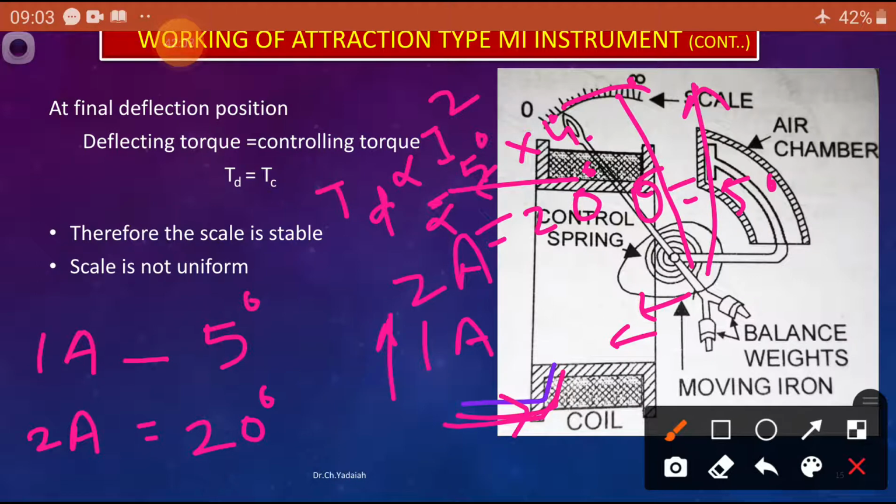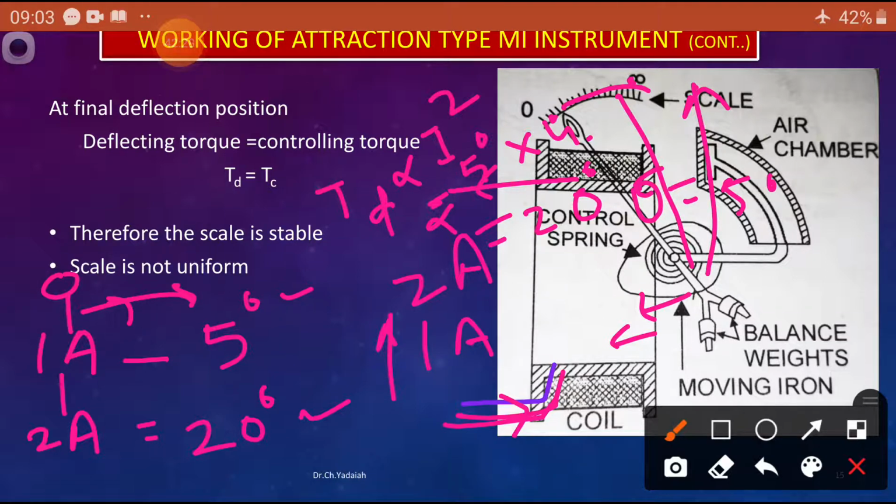You can see from 0 to 1 ampere we get 5 degrees, and from 1 to 2 amperes the difference is only 1 ampere, but the deflection is 20 degrees.